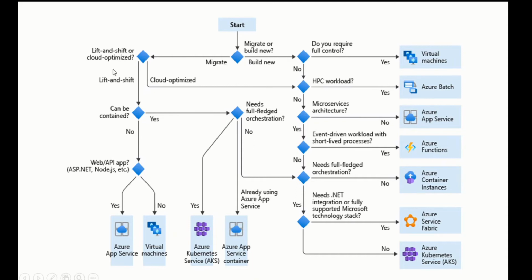Now, depending on the options, if it's high performance workloads that you need to do, you can utilize Azure Batch. If you want to create a microservices architecture, you have other options. And also depending on whether it's event-driven workloads, for example a short-lived process, you can create an Azure Function, which is a form of serverless computing. You also have Azure Logic Apps.